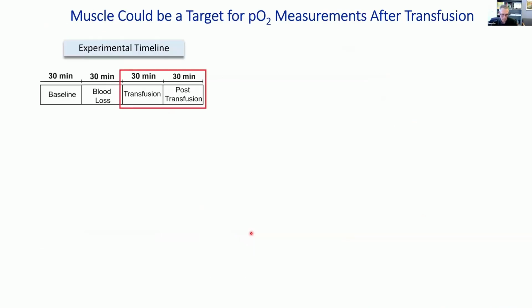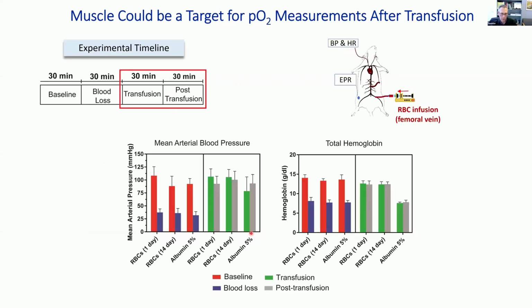Then looking at the transfusion and the post-transfusion, we transfused red cells back at those different storage time points. And what we observed here is that the blood pressure returned in all circumstances to baseline, and then the drop, and then the increase post-transfusion.